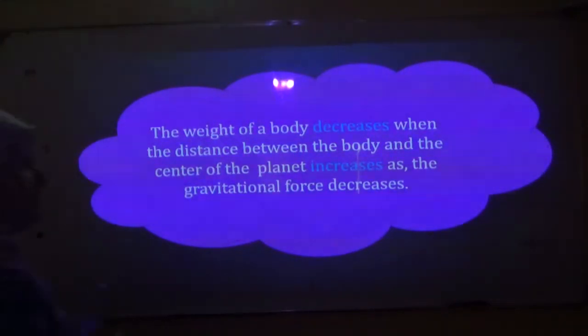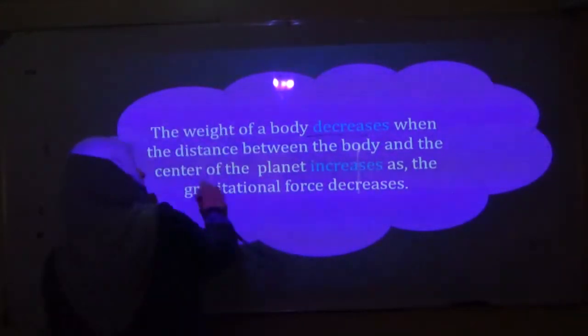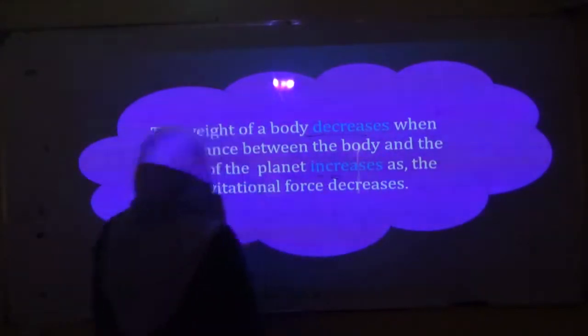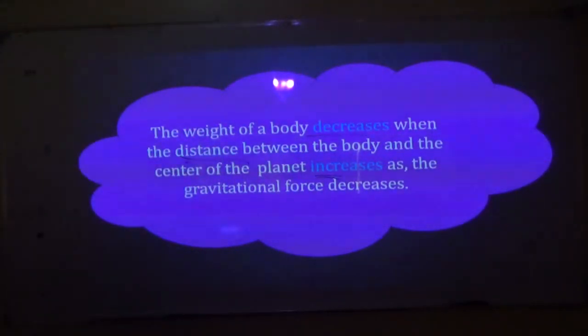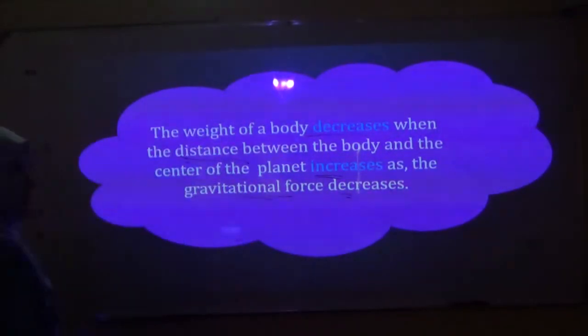The value of weight will decrease when the distance increases, and the gravitational force, as we move up, will decrease because the earth doesn't have enough gravity to attract our body.